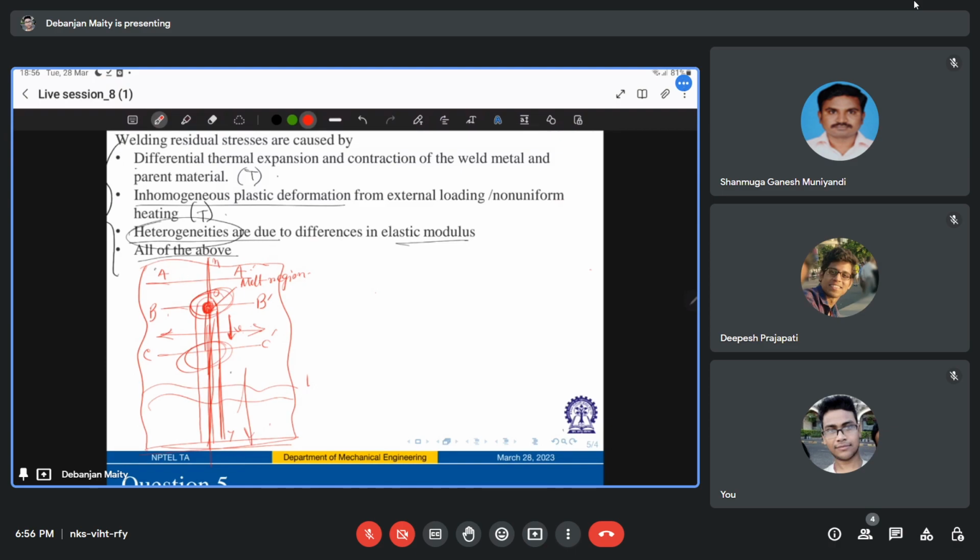One is away from the melted region, but towards the welding direction, and some more distance away, let's say the D location is here, DD dash. So what will happen along the section AA, which lies just ahead of this welding source?